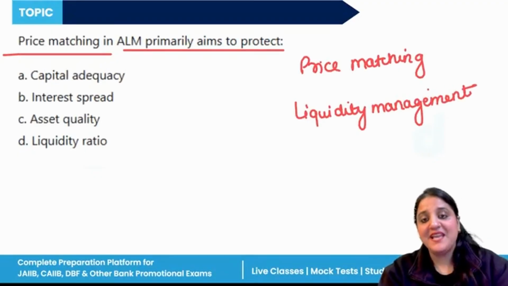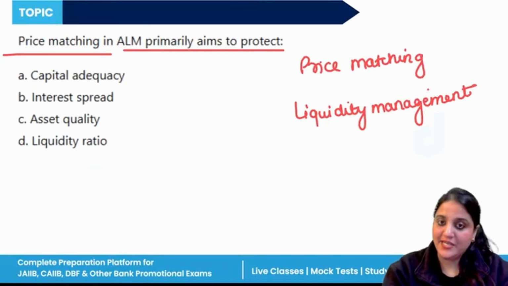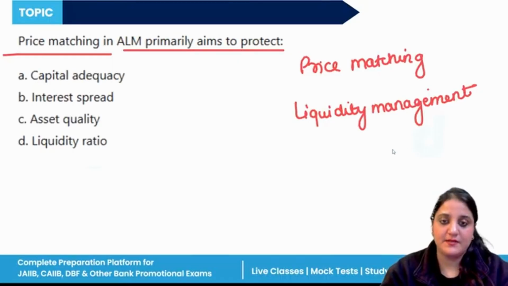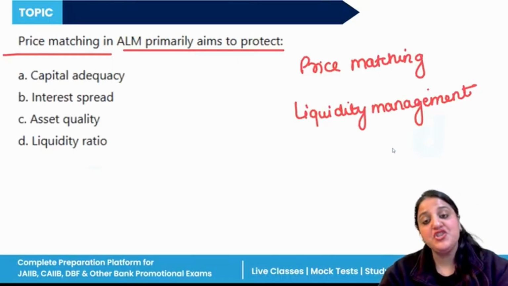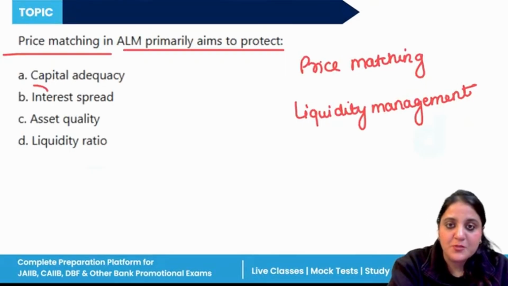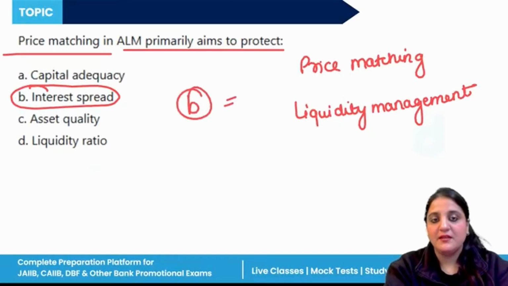In price matching, lending rates have to exceed the cost of funds. In liquidity management, assets and liabilities are grouped by maturity and gaps are analyzed to plan the funding needs. So spread ensures profitability. So the correct answer is to protect the interest spread. Option B is correct here.